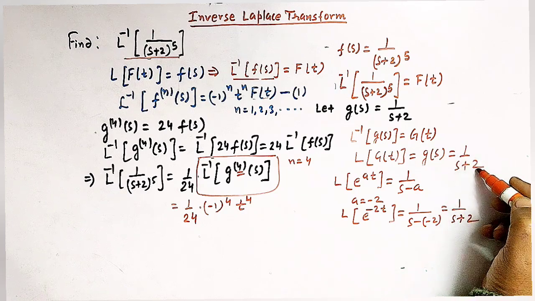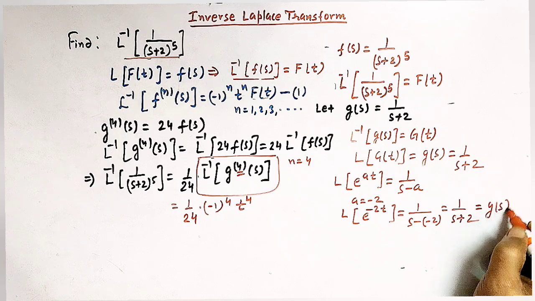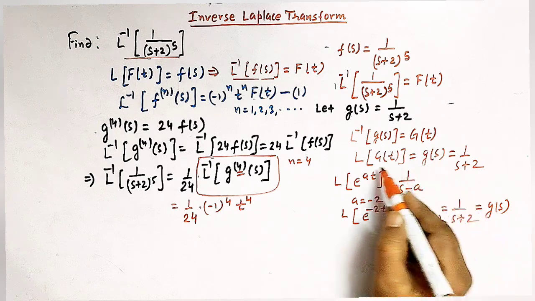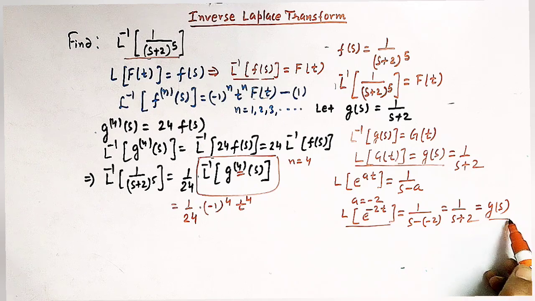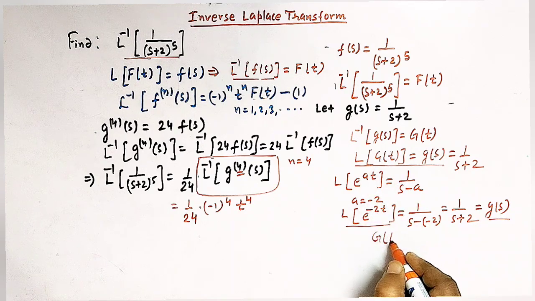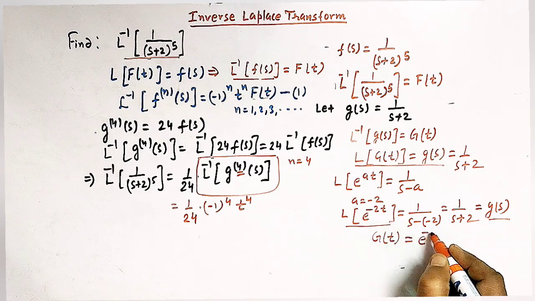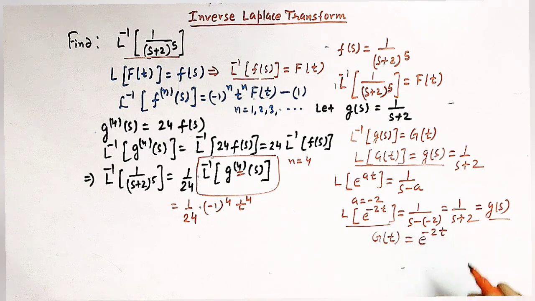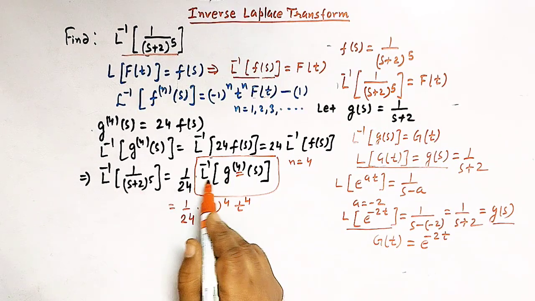And 1 over s plus 2 is equal to g of s, right? So if we now compare this expression with this one, we can see that G of t is our function, the exponential function e raised to minus 2t.